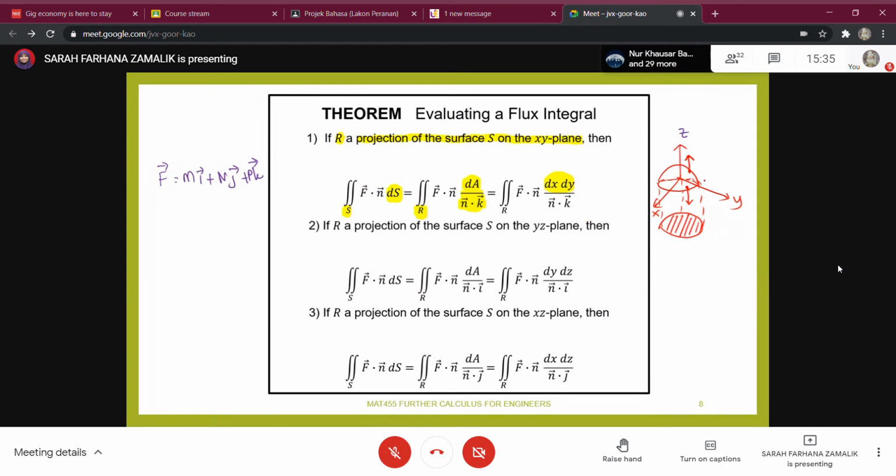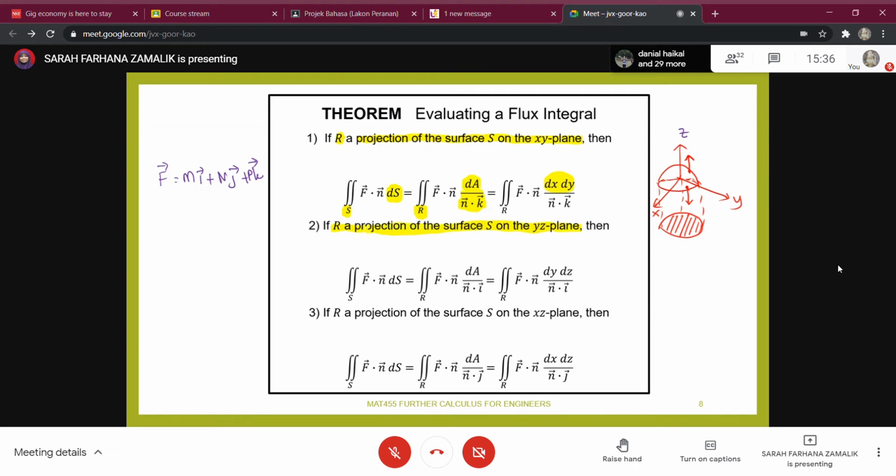So look at number 2 now. Now it depends on your projection. Because now you have learned that projection is not necessarily only on the XY plane. It can be on the YZ plane or the XZ plane. So look at the surface given to you. R is a projection of the surface S on the YZ plane.